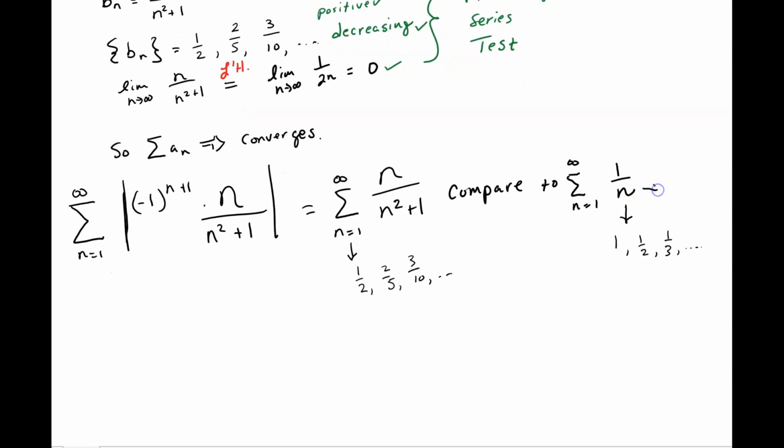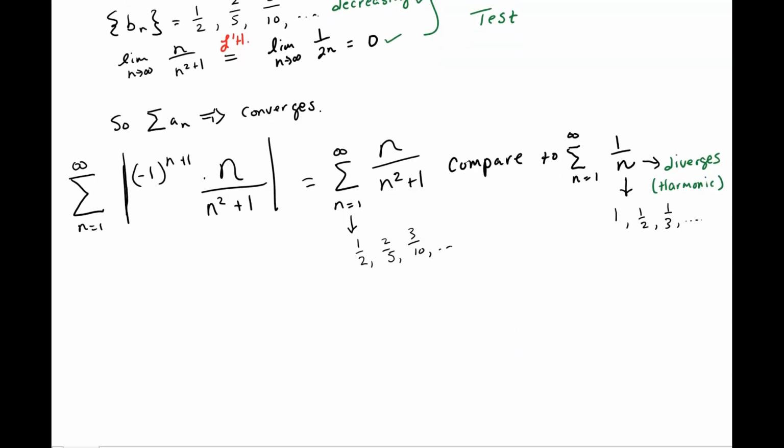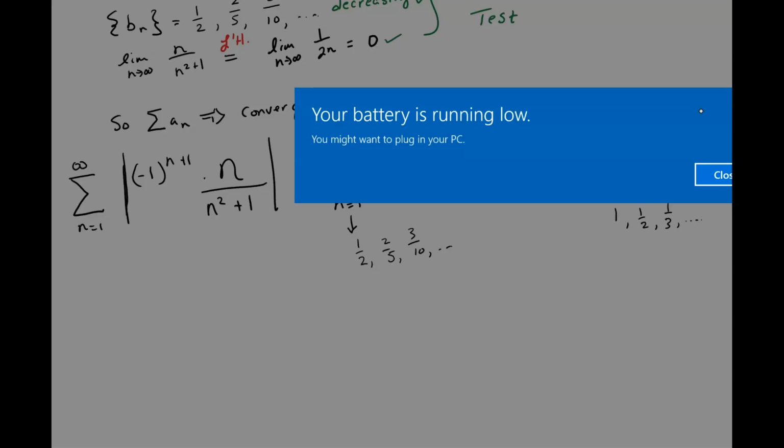And I know for a fact that this right here diverges. Why does this diverge? Because this is the harmonic series. The other fact I could state is that this one is bigger than the other because the numbers are just naturally larger.